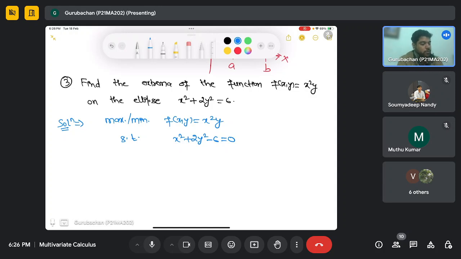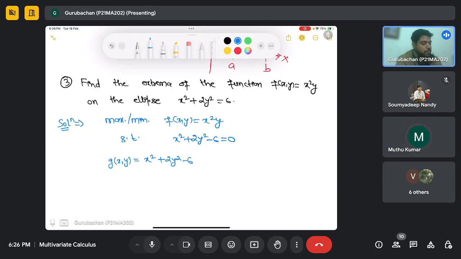So what we will assume here, we have been given f(x,y) and we will take g(x,y) to be x square plus 2y square minus 6. What does Lagrange's multiplier say? Anybody? How can we apply Lagrange's multiplier? Del f equal to lambda into del g.